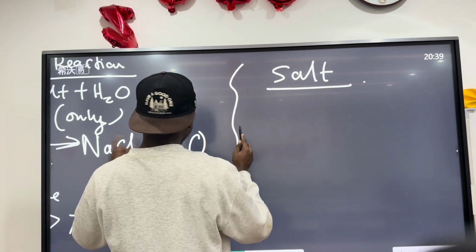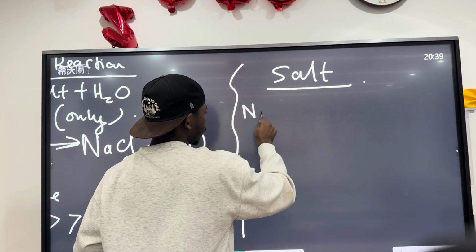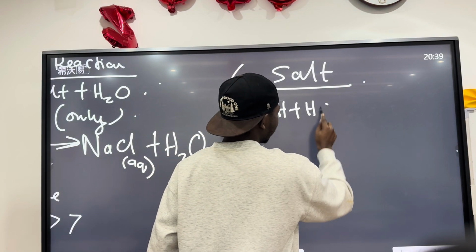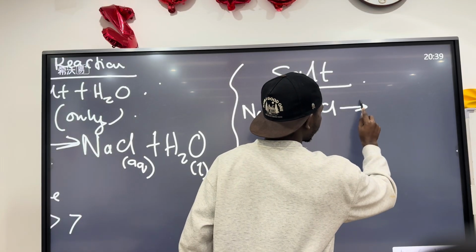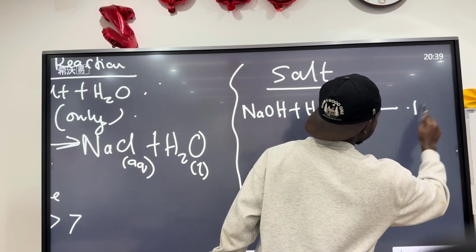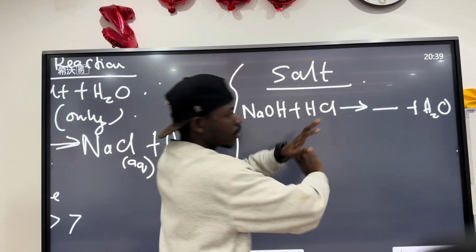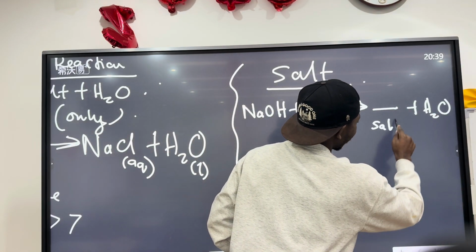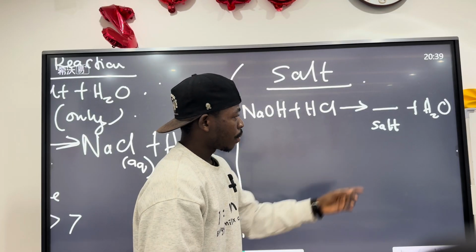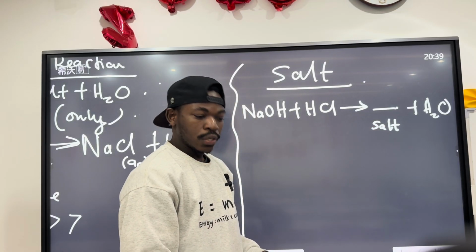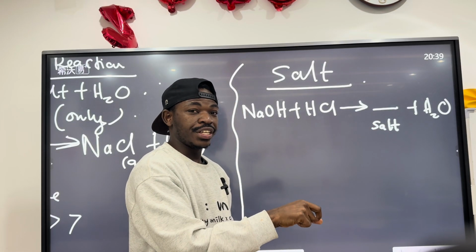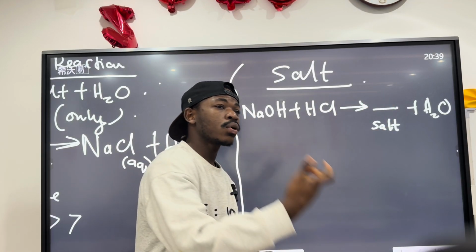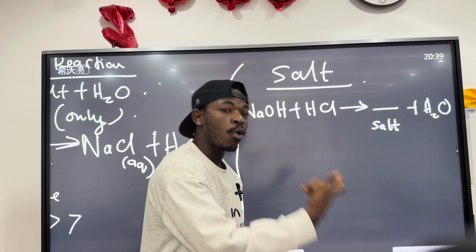Remember in the previous reaction we had sodium hydroxide that reacted with hydrochloric acid to form something, plus water. We know this is a neutralization reaction, so water should be present, and what we should put here is a salt. Now the question is, what is the name of the salt? We need to stick to the definition of a salt for us to know what salt we're going to form there. A salt is simply a compound formed.